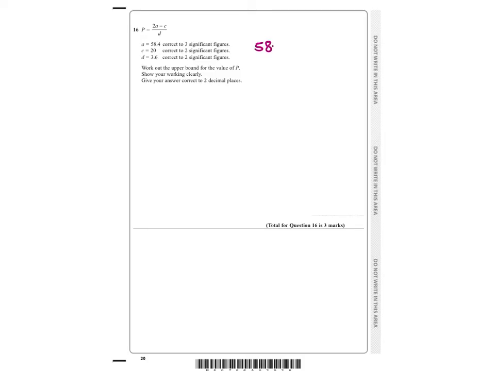So 58.4, I've got my upper bound 58.45, my lower bound 58.35. 20 has been rounded correct to two significant figures, so for my 20, I've got 20.5 or 19.5, and then 3.6 has been rounded to two significant figures, so 3.65 or 3.55. I think it's really good to make sure that we're writing our upper and lower bounds for these. Then it wants to work out the upper bound of P.